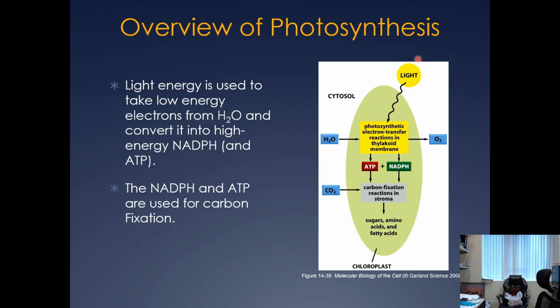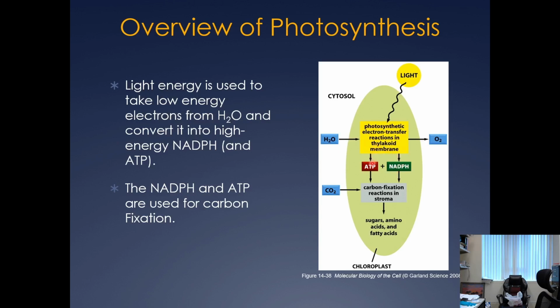And so what ends up happening is you basically take in light energy, and through photosynthesis and electron transport, you split water into oxygen, and then the high energy electrons and protons from that are converted to NADPH.